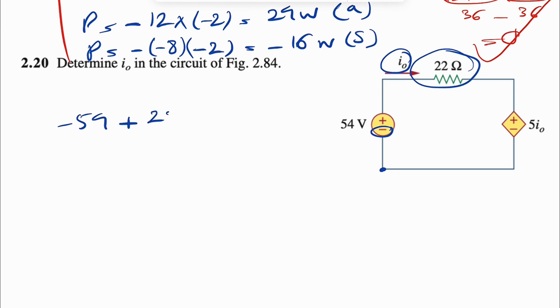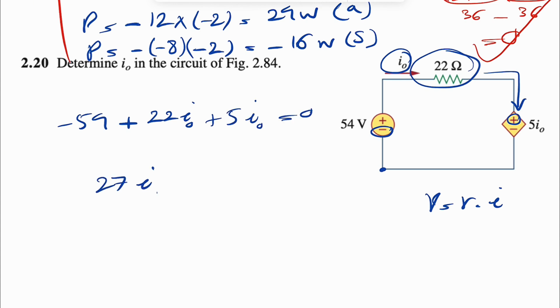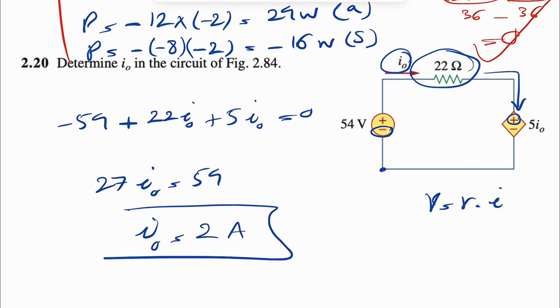So plus 22 I0, again, V is equal to R times I. Getting to here, we have the positive pole of the current source, so plus 5 I0 equals 0, and that's going to be 27 I0 is equal to 54, and I0 is going to be 2 amps.